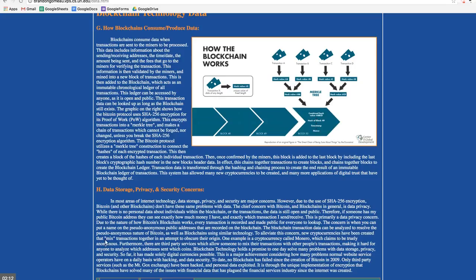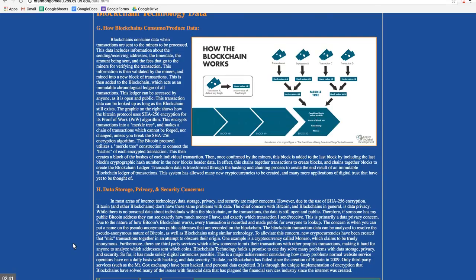However, there are third-party mixers, and now there are other cryptocurrencies. One example is a cryptocurrency called Monero, which claims to be a truly anonymous cryptocurrency. Through coin mixers and these new currencies, this pseudo-anonymity problem is actually going away. So there actually hasn't been many problems with storage, privacy, and security for blockchains.